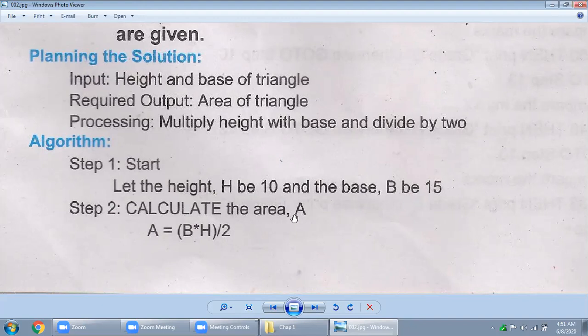Calculate the area, and we denote the area by A. So A is equal to B multiply by H, where the asterisk symbol shows multiplication. It means base into height, whole divided by 2. Watch over here: if I do not put the whole divided by, it means you are dividing only H by 2. So whole divided by 2. In this way, we can find the area of the triangle.